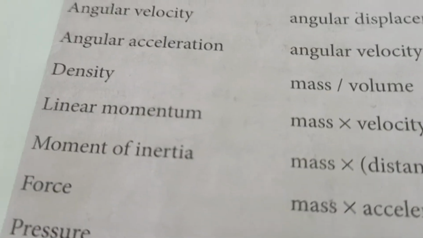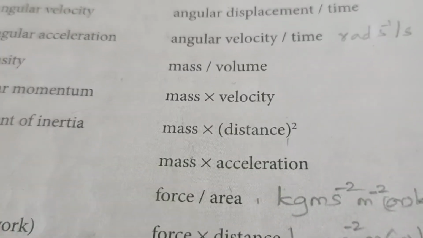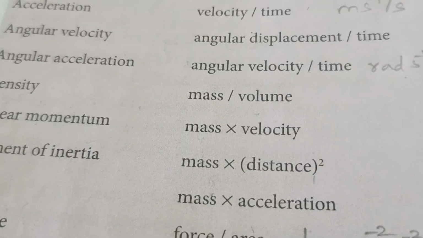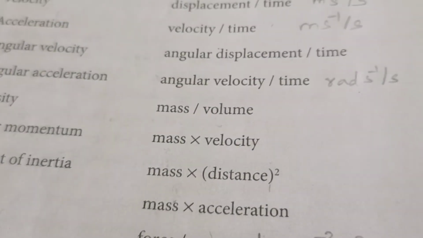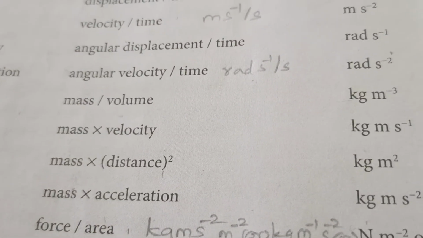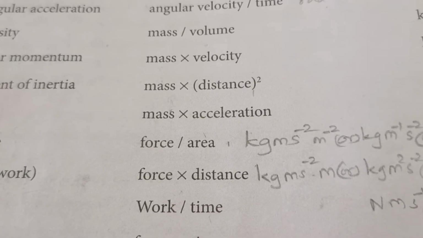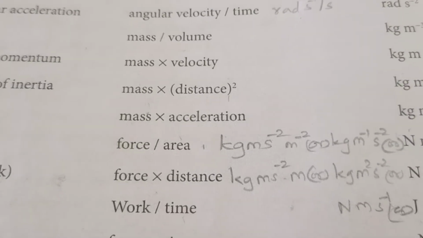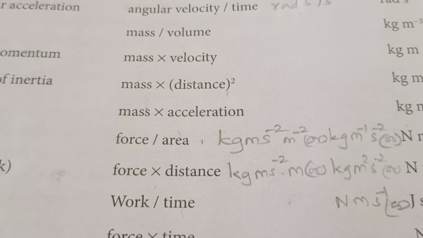Then acceleration. Acceleration is velocity by time. So meter second power minus 1 by second, so meter second power minus 2. Angular velocity: angular displacement by time, radian second power minus 1.